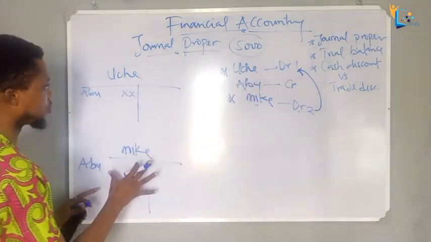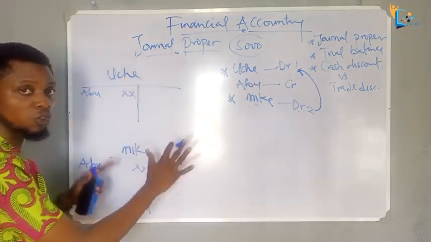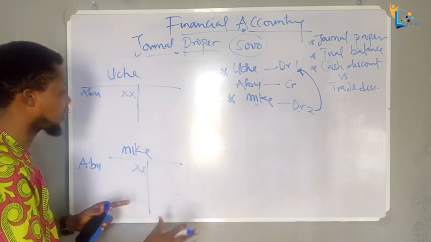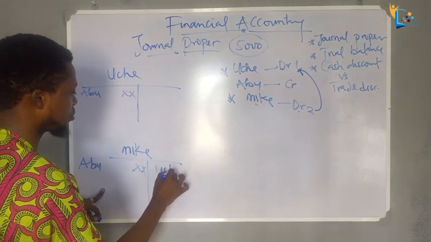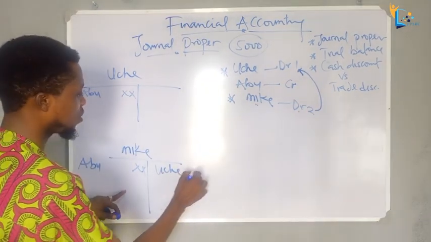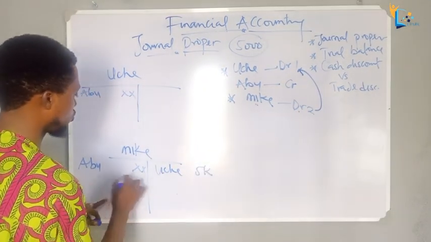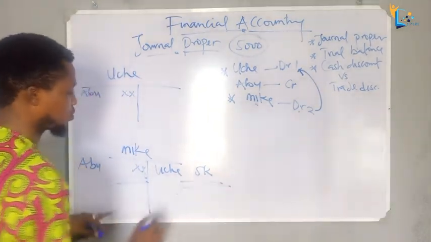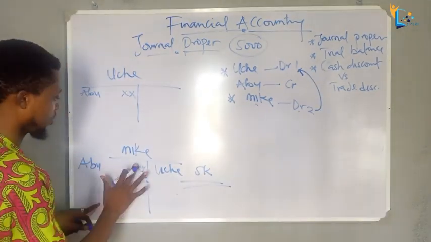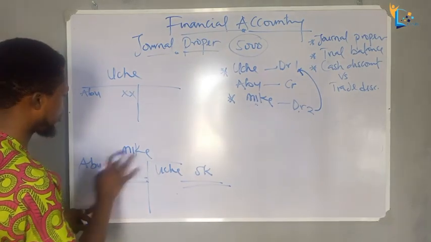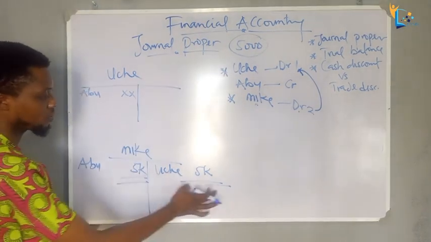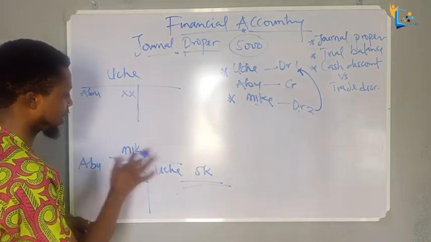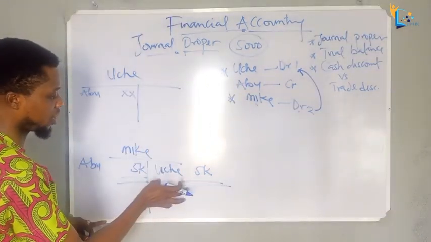So what Abu will do now, this is in the books of Abu. Abu will come here and write Uche, because Uche is the one absorbing the debt. Uche, 5K. Here will be 5K because Mike is owing Abu 5K. So Abu will record 5K for Uche here.